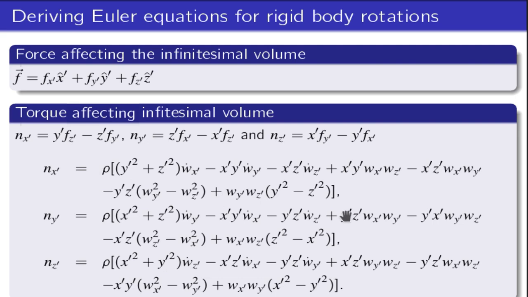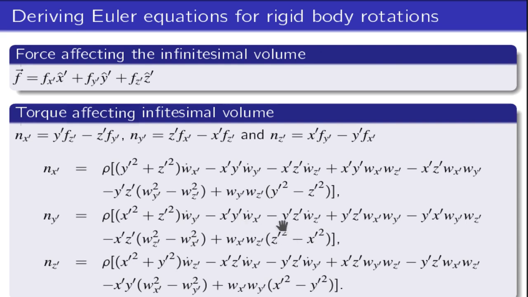As it can be seen from these three equations, torque should be equal to a complicated function depending on time derivatives of different components of angular velocity, different components of the angular velocity itself, and different components of the distances.